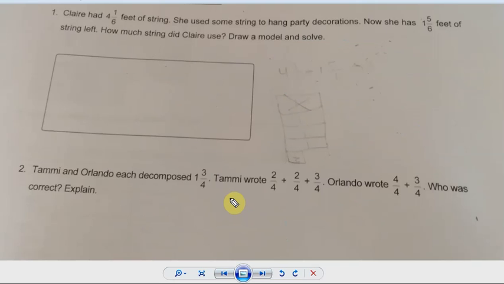Alright, so number 2 says Tammy and Orlando each decompose 1 3/4. Tammy wrote 2/4 plus 2/4 plus 3/4. Orlando wrote 4/4 plus 3/4. Who was correct? Explain.